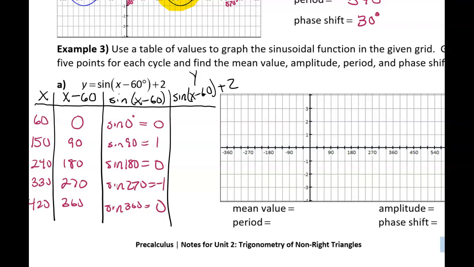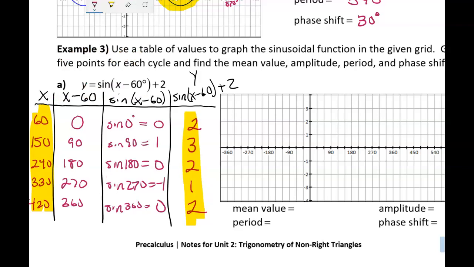Then the last column, if we have the sine of x minus 60, to find the sine of x minus 60 plus 2, we're just going to add 2 to each of the values in the second column to the right. So adding 2 to each of those, and then we recognize that the first column, that's our set of x values, and the last column is our set of y values.